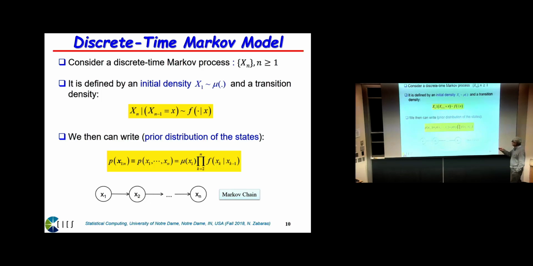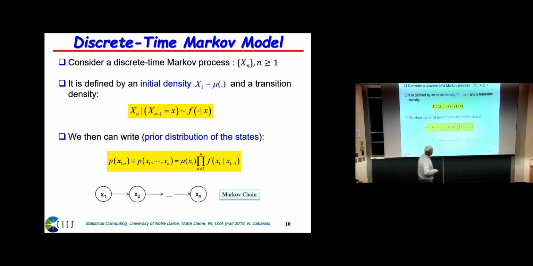Notice that this is a Markov chain because xn depends only on xn-1. You can put more history dependence here, you can put xn-2, xn-3, etc. But what we discussed here, xn only depends on xn-1.